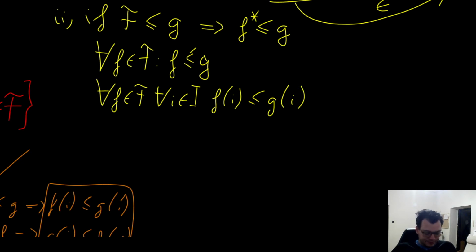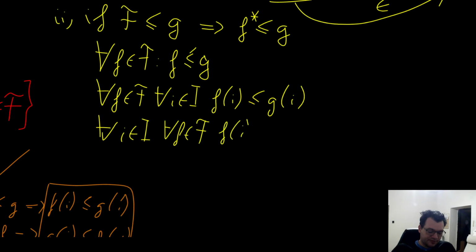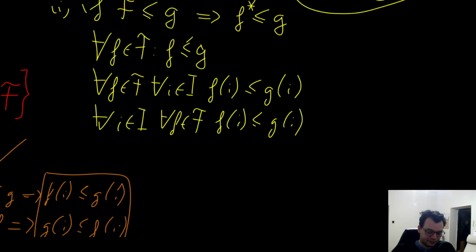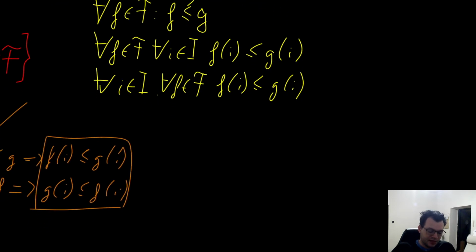Now we can just swap these two quantifiers, and we just say that for each i and for each f, we have fi lower bound for gi, and then here this means that the ith coordinates are below gi for each f.